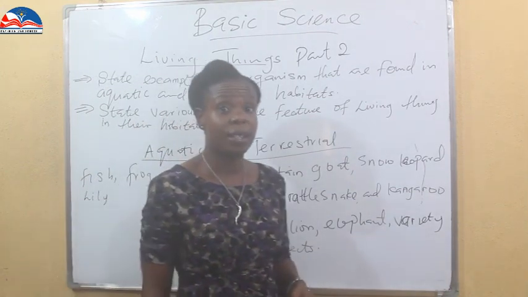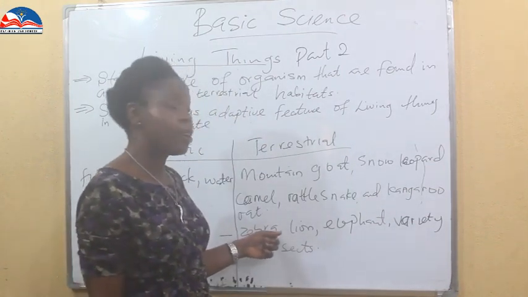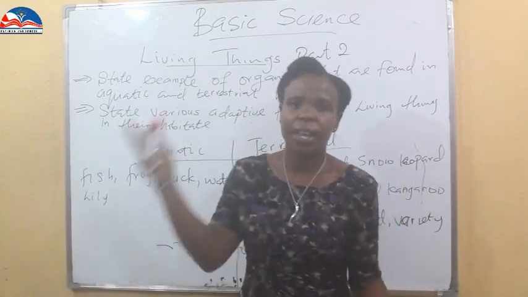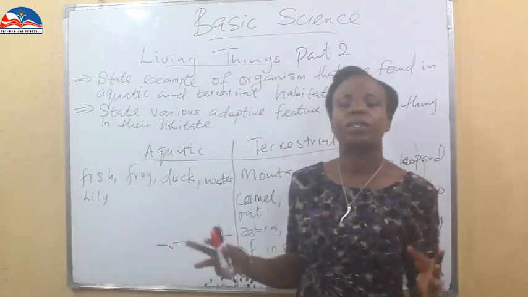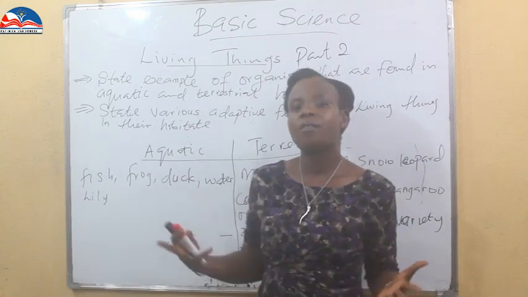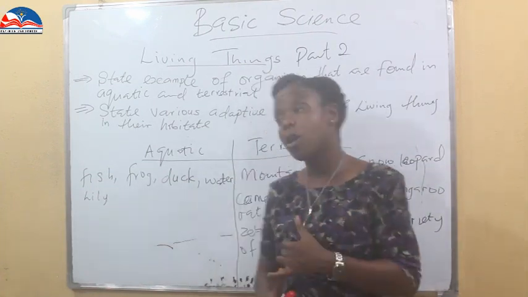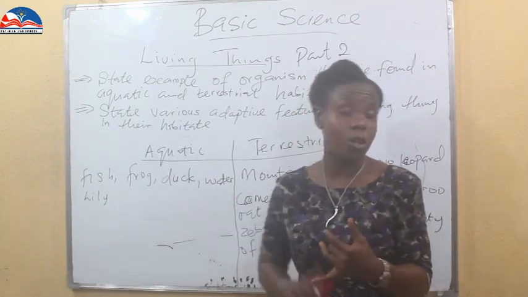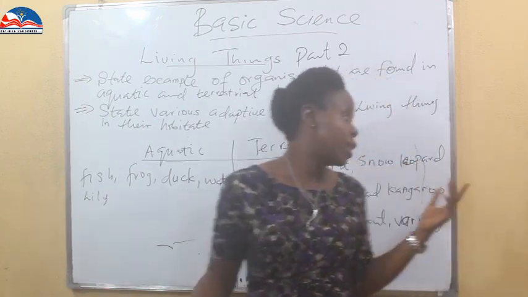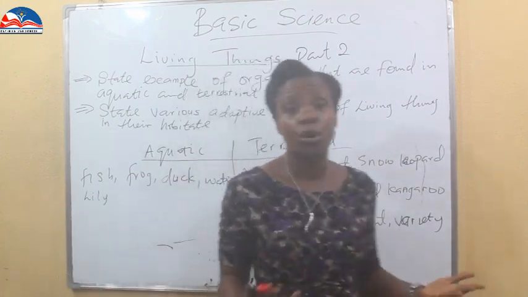Then we'll talk about the grassland and the coastal region. We'll talk about zebra, lion, elephant, and the variety of insects that stay in the ecosystems. So these are examples of organisms that live in these different habitats. We talked about the aquatic habitat: we saw fish, frog, sea turtle, duck. Then the mountain: the snow leopard and the mountain goats.